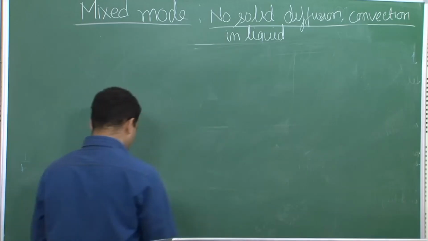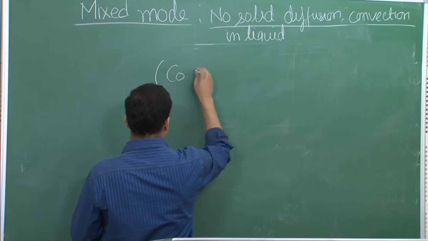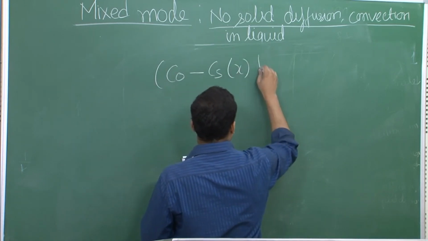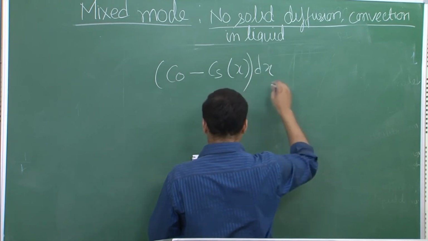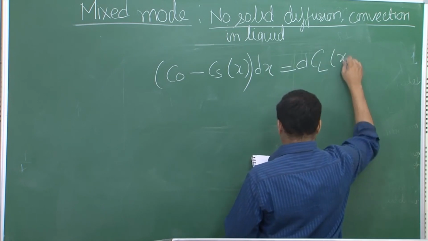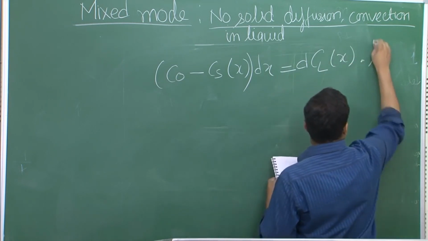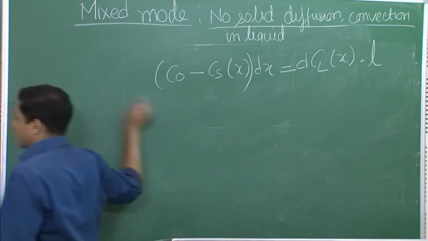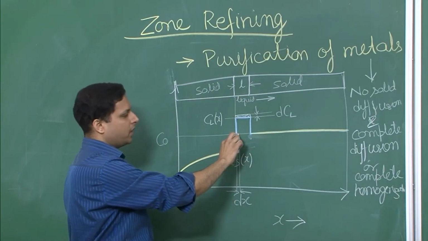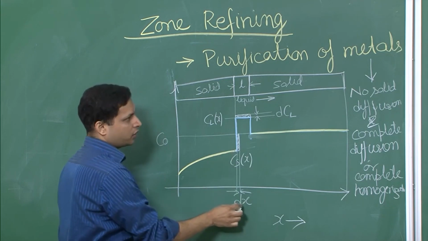So, C0 minus Cs, this is the distance on the y axis, and this is the x axis which is dx.